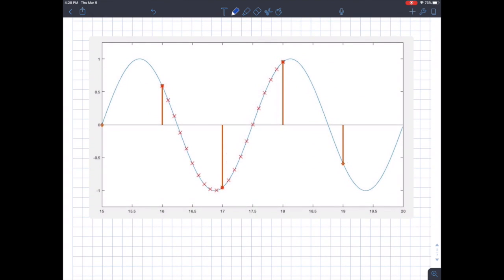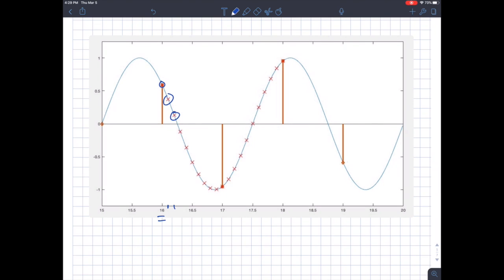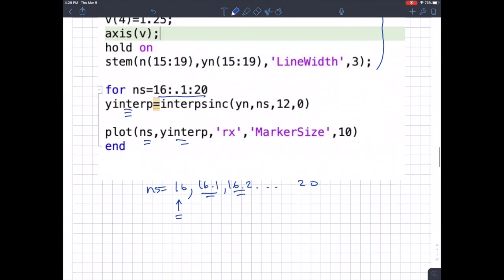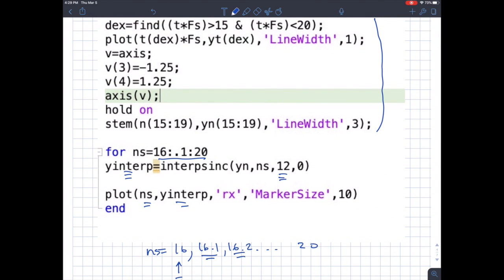You can see we're stepping here. We started at 16, here's sample 16. At 16.1, notice that the point falls right on the curve. 16.2, we're falling right on the curve. So this interpolation does a really good job as long as you're sampling faster than the Nyquist rate and you have enough data. If you go back and look at the code, I used L equal 12.